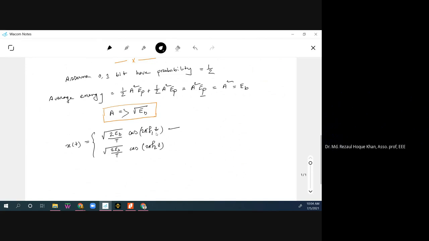We are just replacing A with this. This is for the 0 bit and the 1 bit respectively.